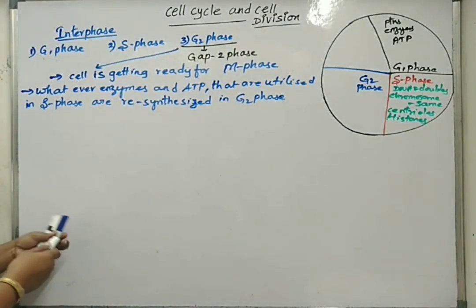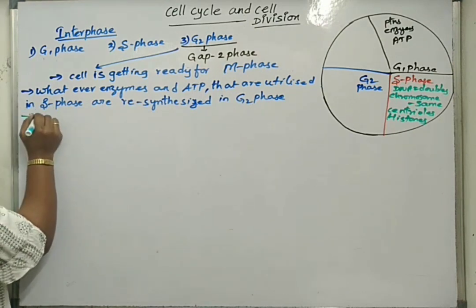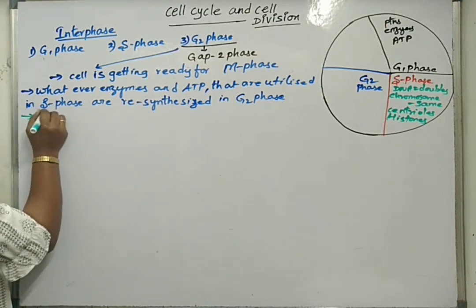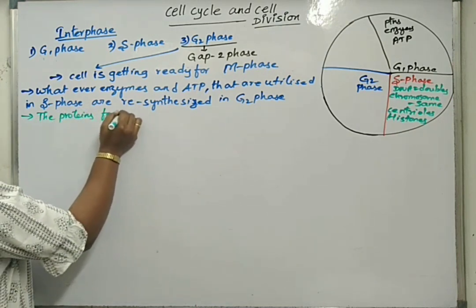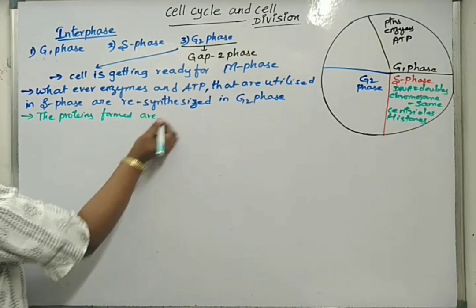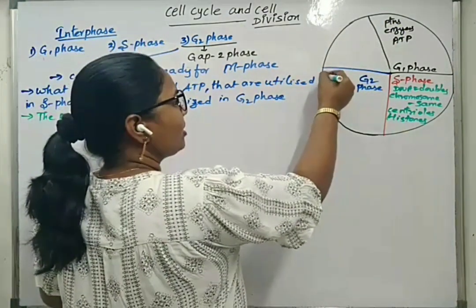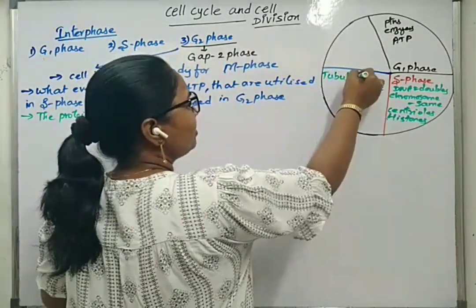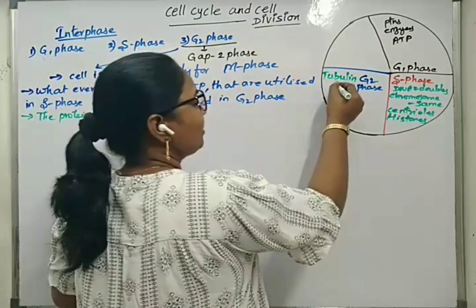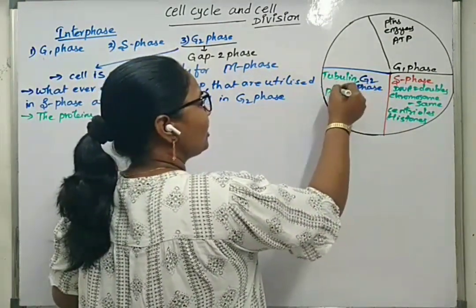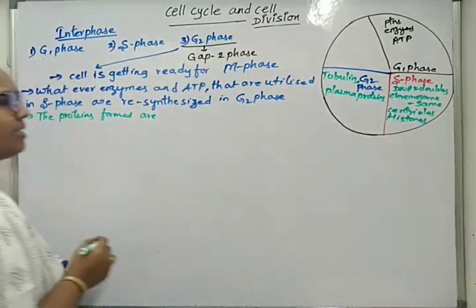Now, so here the proteins formed are, in addition to some of the proteins that are formed here, what are new proteins formed here? Tubulin protein. Tubulin protein is one that is formed here, and plasma proteins that are again synthesized in G2 phase.